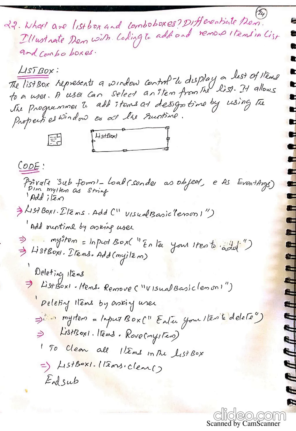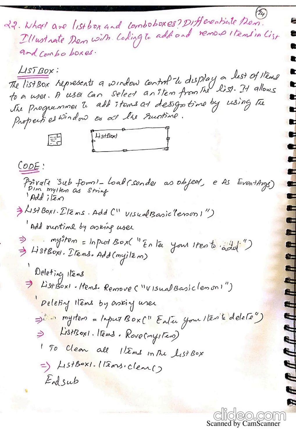Code: Private Sub Form_Load(sender As Object...). Dim myItem As String. Add item: ComboBox1.Items.Add("Visual Basic tutorial"). Add item by asking the user: myItem = InputBox("Enter your next item"), ComboBox1.Items.Add(myItem).